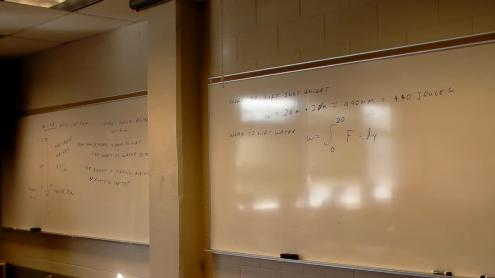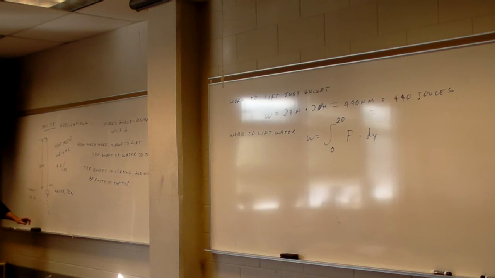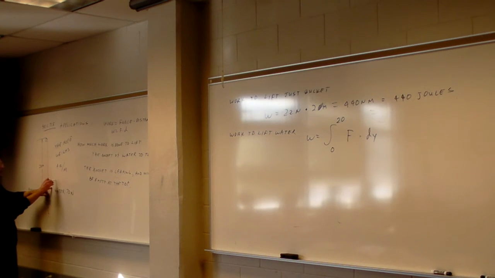What proportion is left? Because you've gone up 2 meters of 20, so now there's 18/20ths left in the bucket, right? So at that point, the force needed would be 18/20ths of 70.